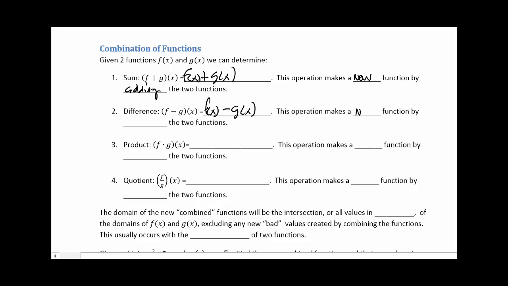And again, this makes a new function by subtracting. Okay, product f dot g simply means that we are taking f of x times g of x, and this also makes a new function by multiplying the two functions.